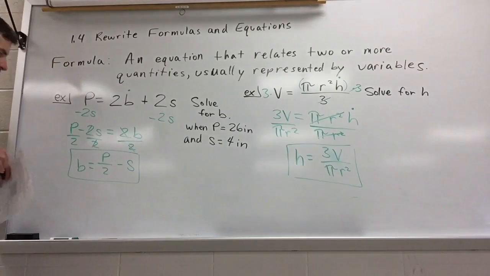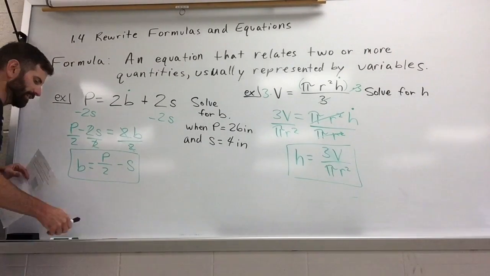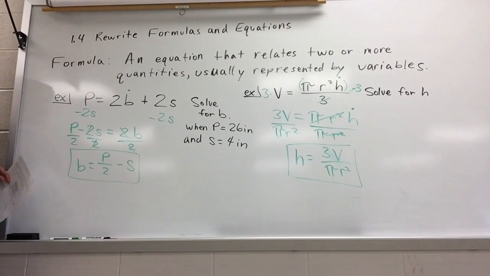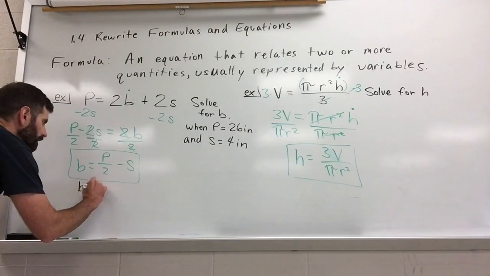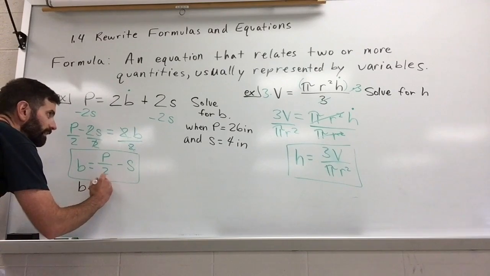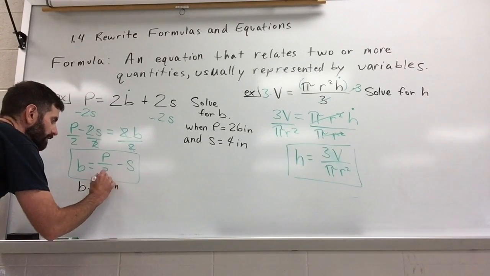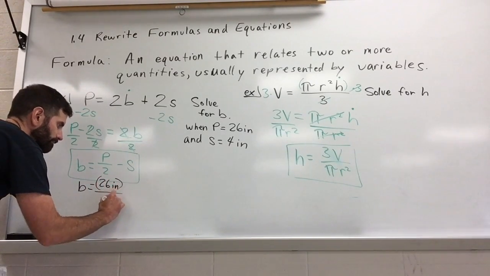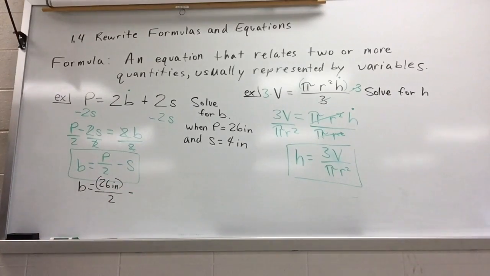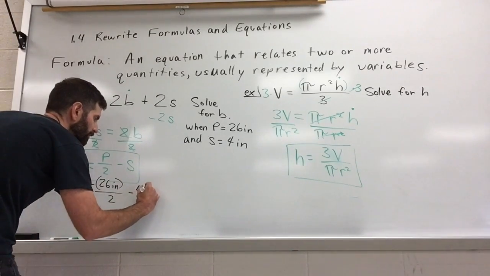So now we're going to do that next step where we get to evaluate the formula for a given value of s and p. So we're just going to simply substitute in for p a 26. I'll keep the units in there. And in for s a 4. And I'll keep the units as well.